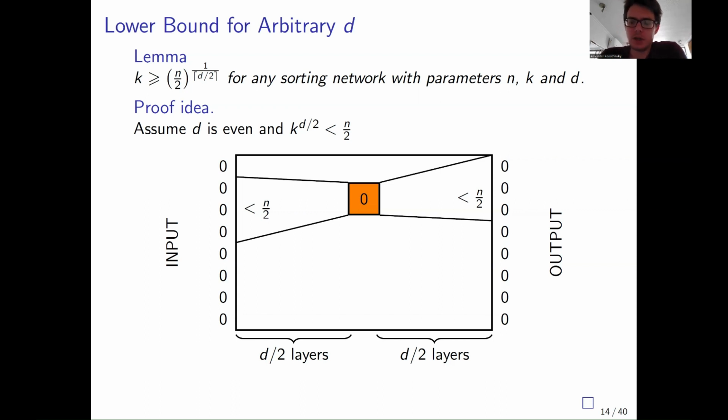So what are we starting to do? We start flipping input bits from 0 to 1 one by one. But we do not touch these input cells on which our orange cell may depend. So we only flip the rest of the input cells, and there are more than n over 2 of them.